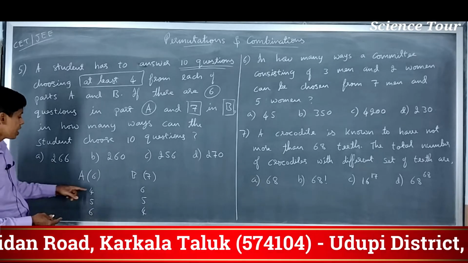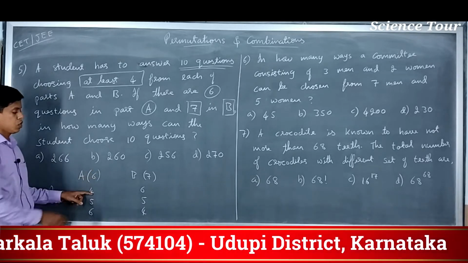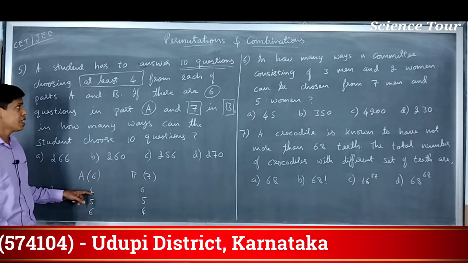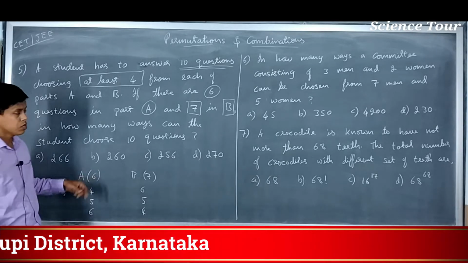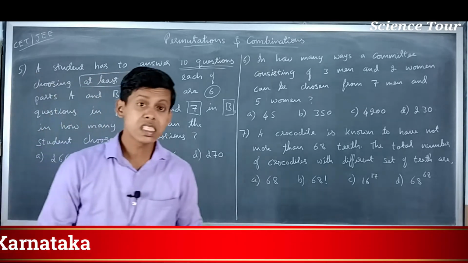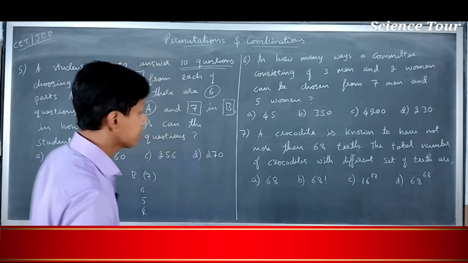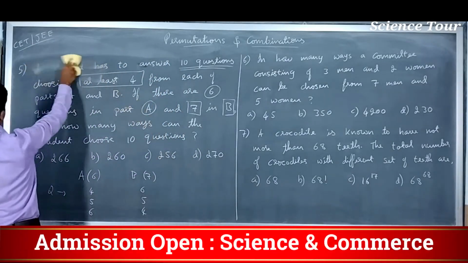Okay. Now 4 from part A, 6 from part B. How many ways can you select 4 from 6 questions? You can take 4 questions from 6 questions in 6C4 ways, correct? So let's write that.